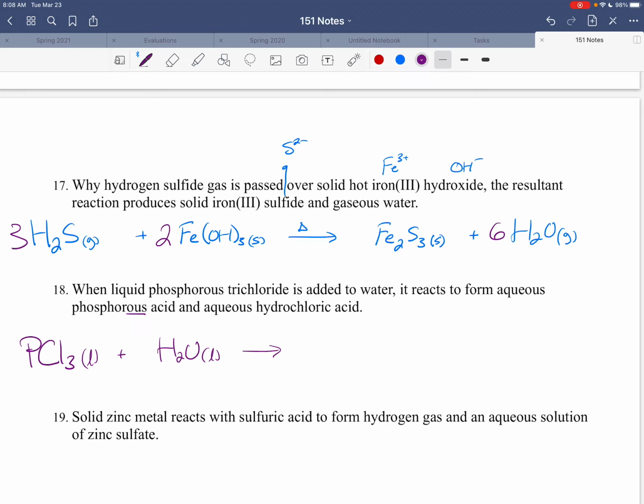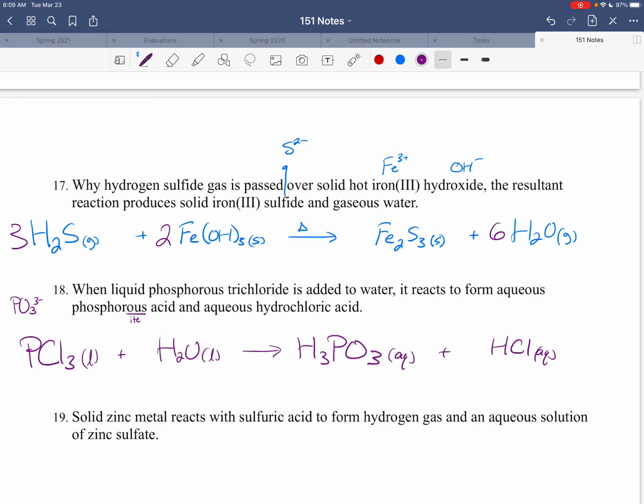So that comes from ite, right? So phosphite is PO3 3 minus. And I will need 3 H's. And hydrochloric acid. Right? So hydrogen chloride, because there's no oxygen. That's how that is named.